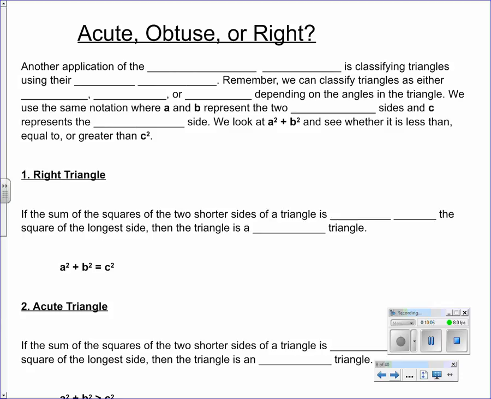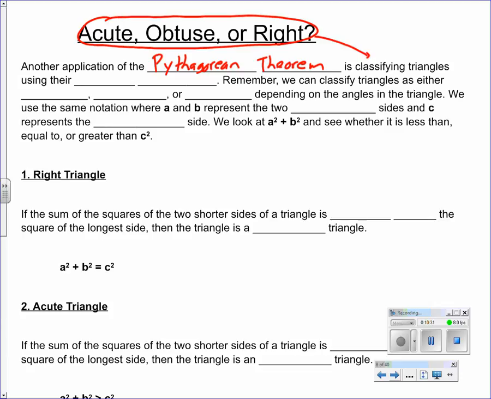Next application is determining whether triangles are acute, obtuse, or right based on their side lengths. So this is another way we use the Pythagorean theorem. This is called classifying triangles using their angle measures.